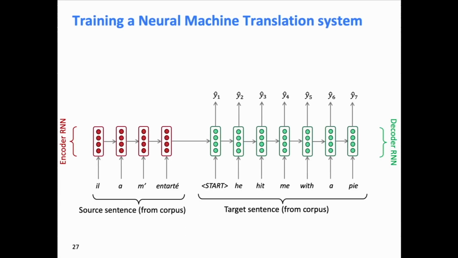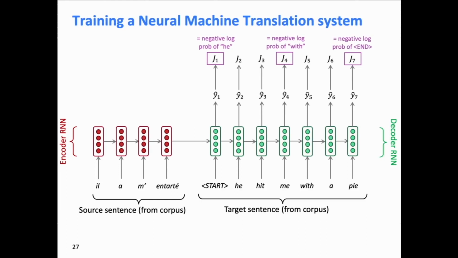From those, you can compute your loss. The loss is just the same as we saw for unconditional language models. It's the cross entropy, or you could also say negative log likelihood of the true next word. So for example, on those selected ones, the loss is the negative log probability of the correct next word. And then as before, we're going to average all of these losses to get the total loss for the example.